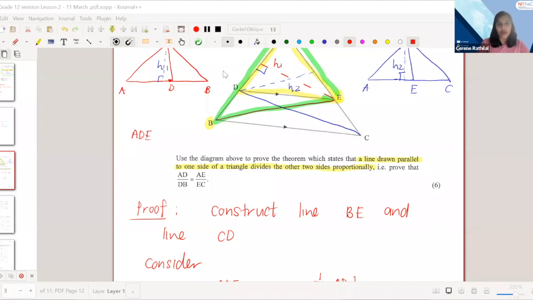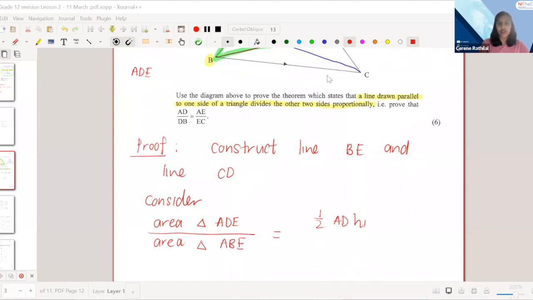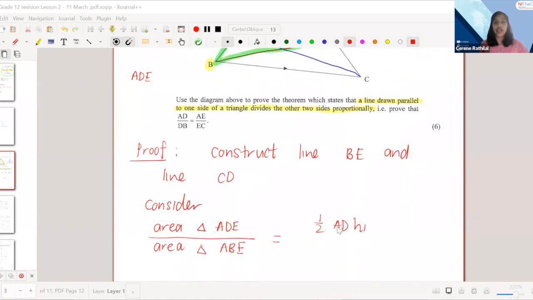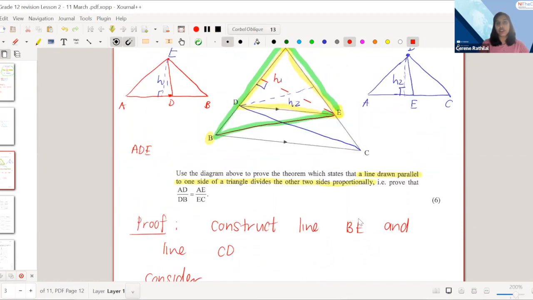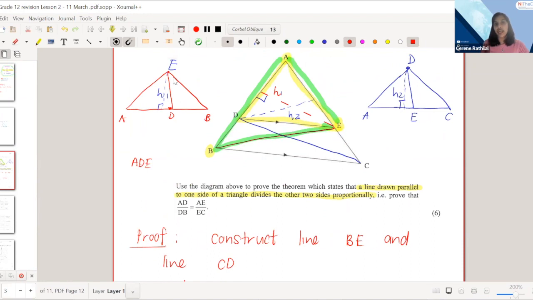Okay, so yes, someone has given us one of the answers. Right, so it's half AD times H1, because in particular, we had seen that the height in that triangle was H1. So it's half AD times H1.